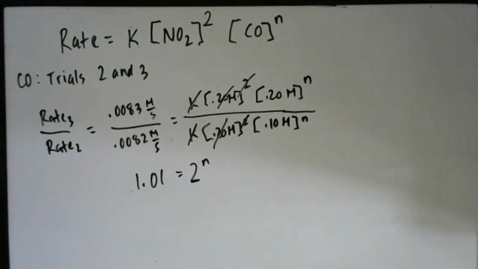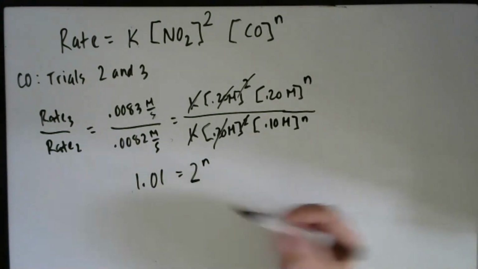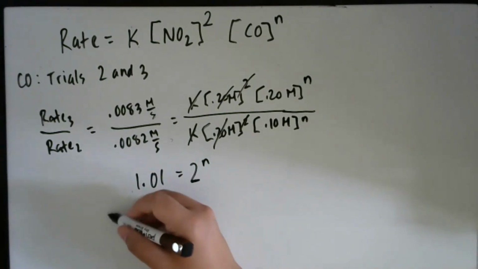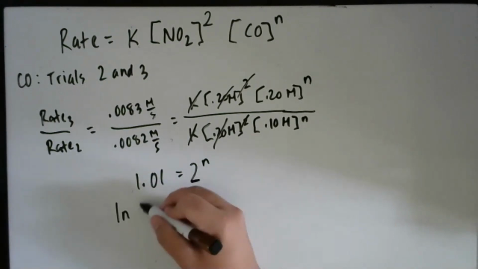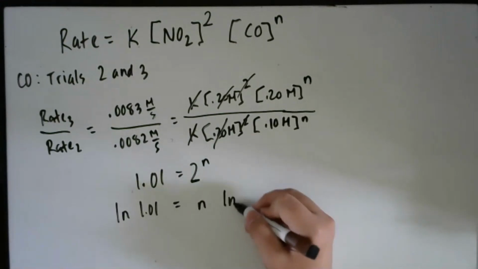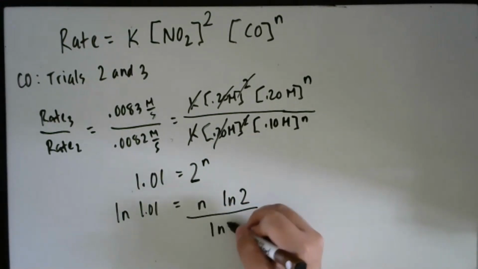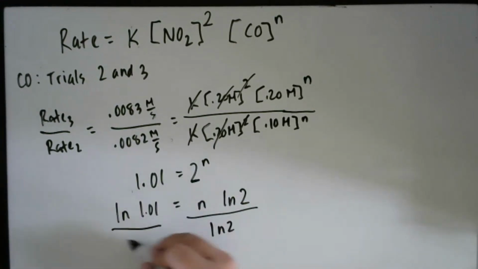Okay. And now we're going to go through that same process of isolating the exponent here. We'll take the log or the natural log of both sides. Doesn't matter which one you use. Now we'll divide both sides by the ln of 2.